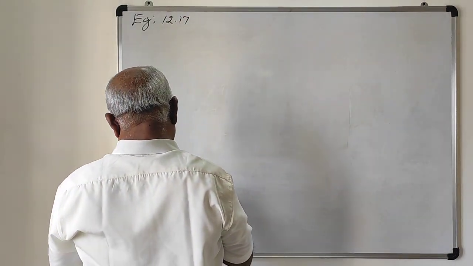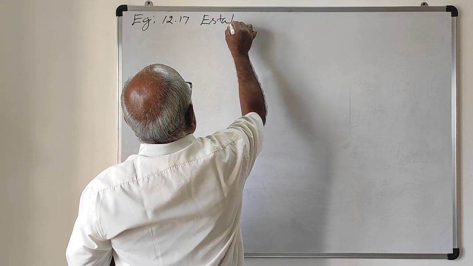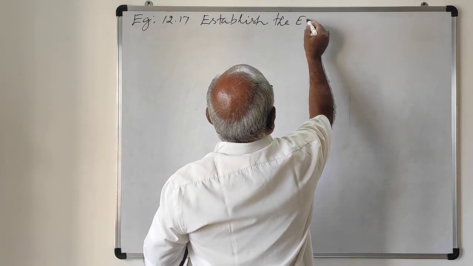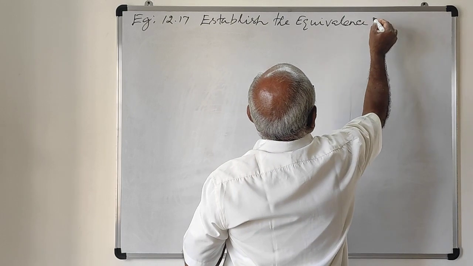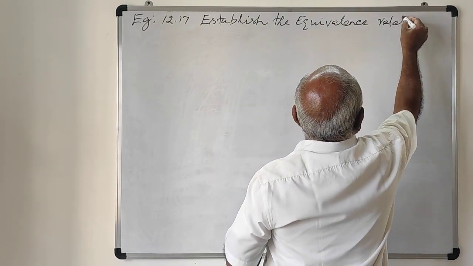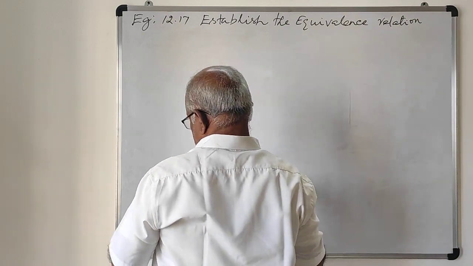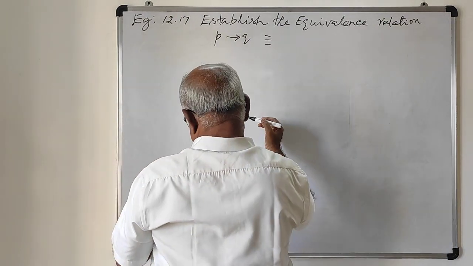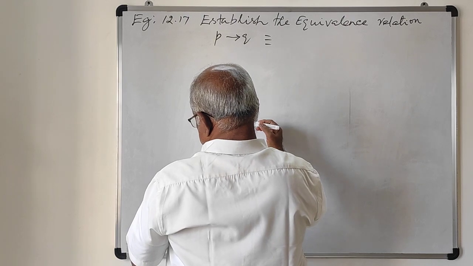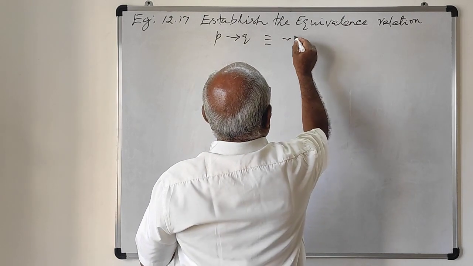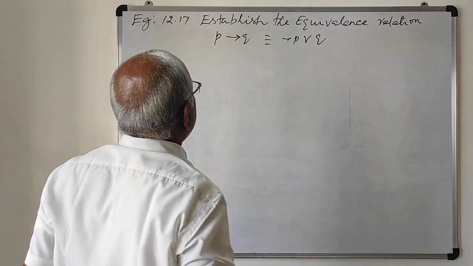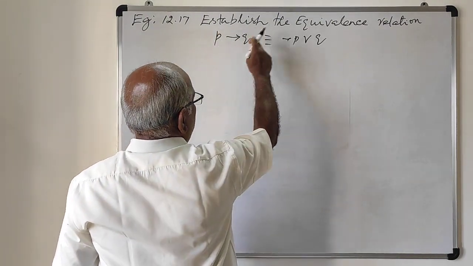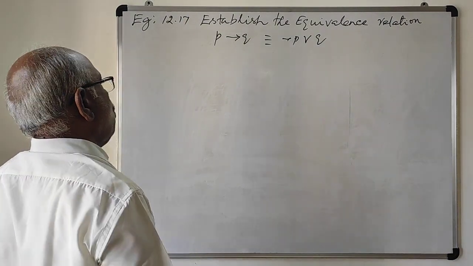Establish the equivalence relation: P condition Q is equal to negation P disjunction Q. We have to establish this equivalence relation.